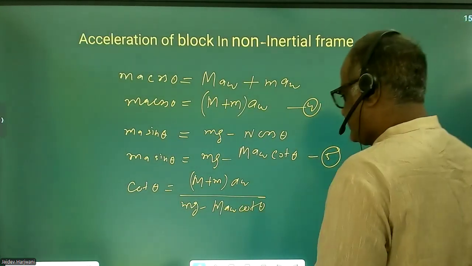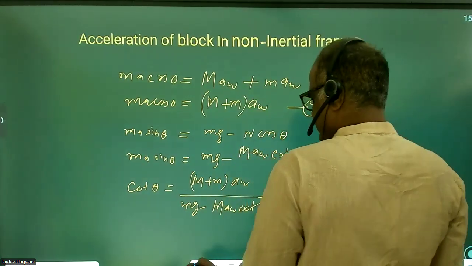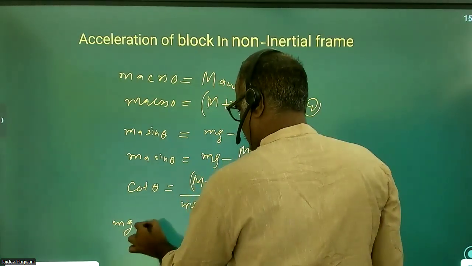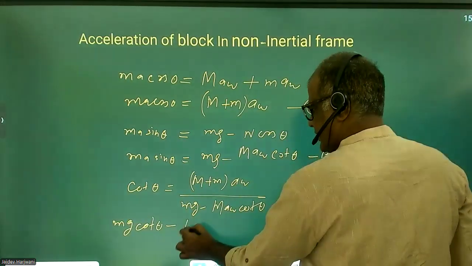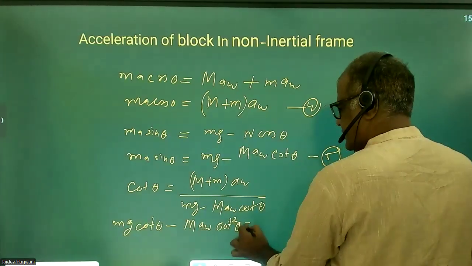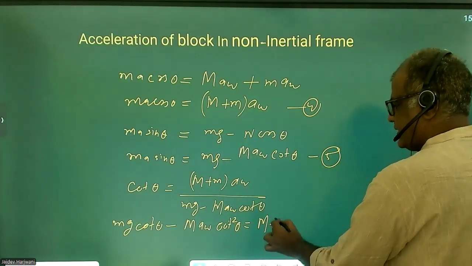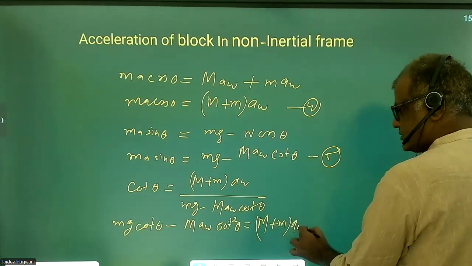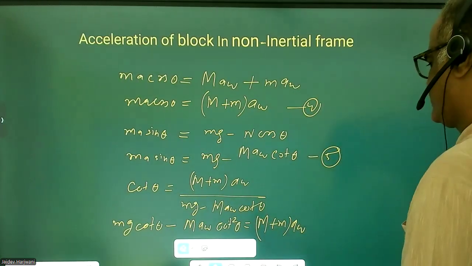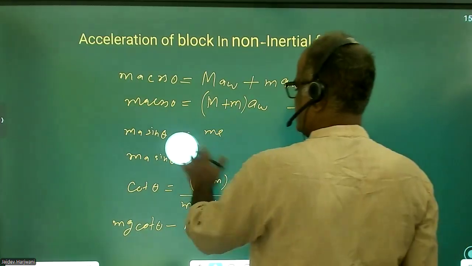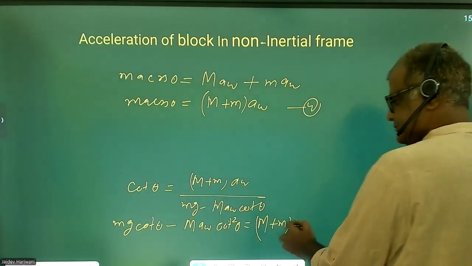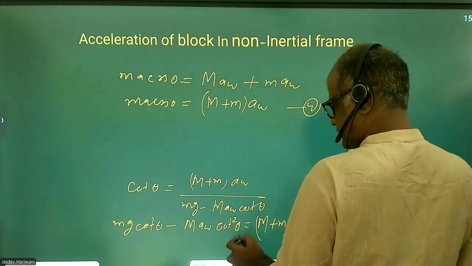If I solve it further, this gives me mg cot theta minus M a_w cot square theta is equal to (M plus m) times the acceleration of the wedge.